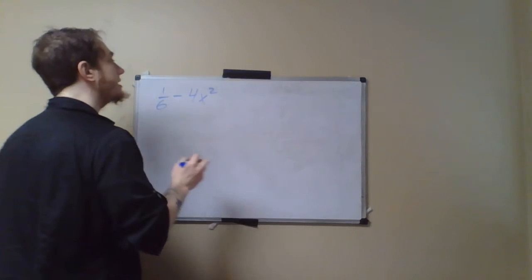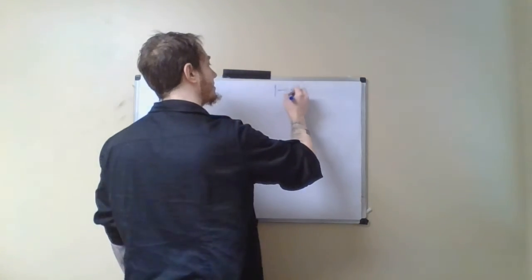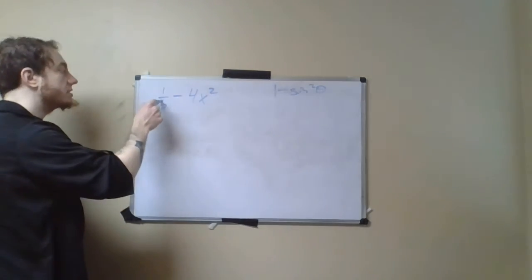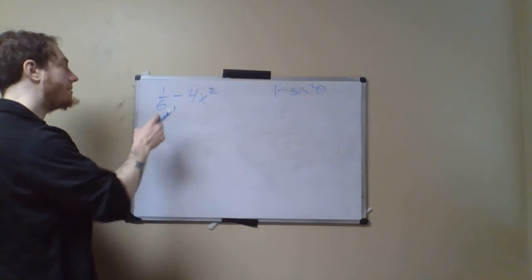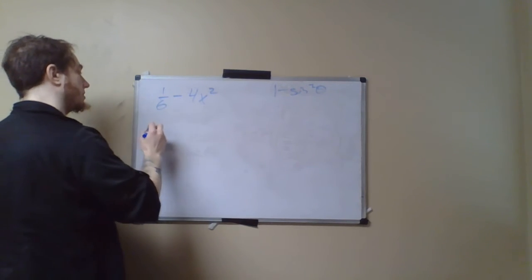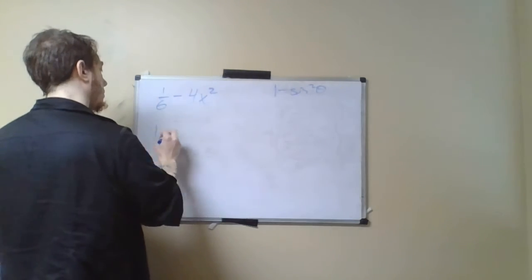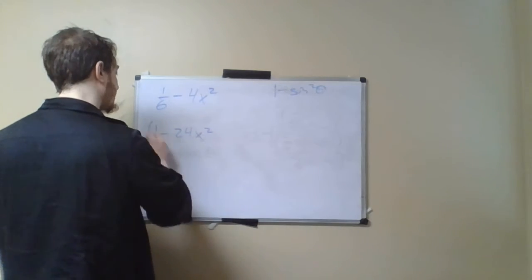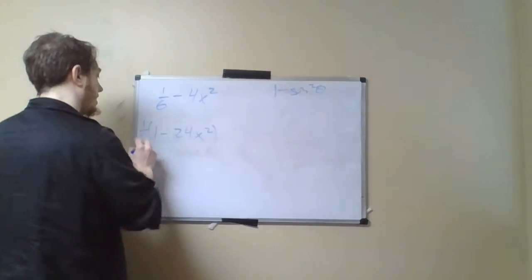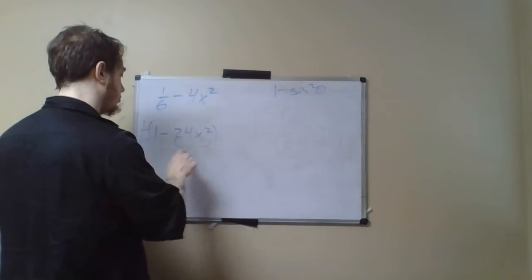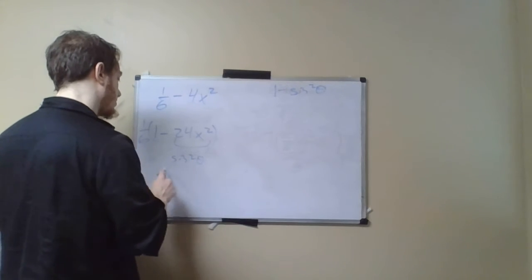Well, I recognize that what I want to get this into the form of is 1 minus sine squared theta. So this is going to need to become a 1. And that means I need to multiply everything here by 6. So this is going to become 1 minus 24x squared, and I factor out the 1/6. So now this should be my sine squared theta.